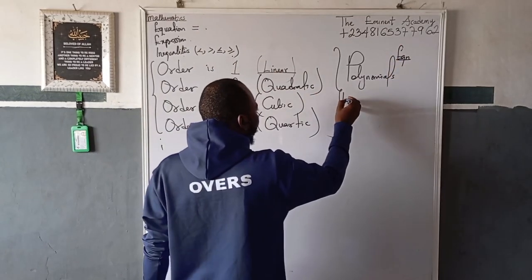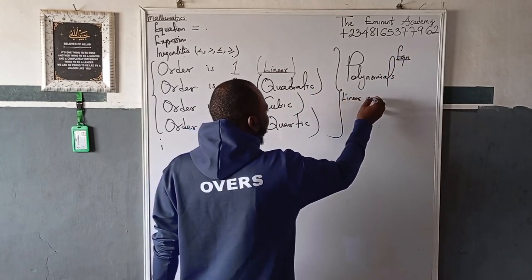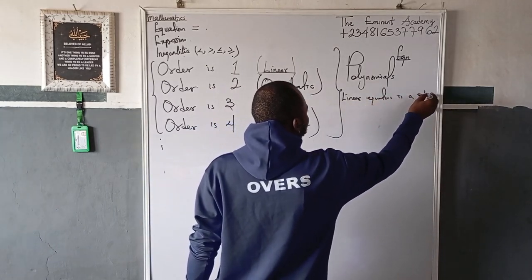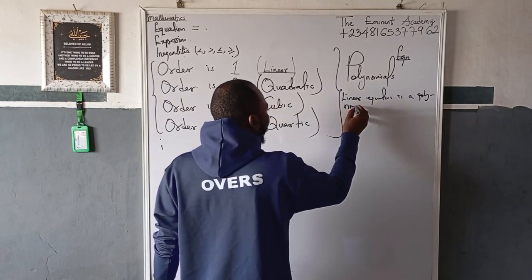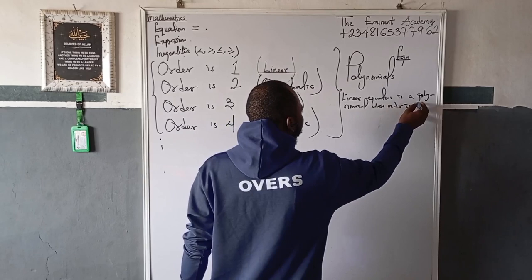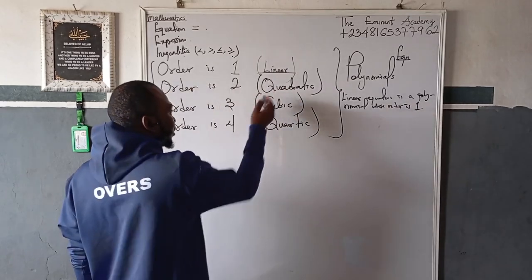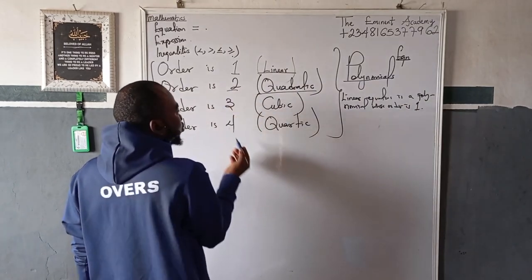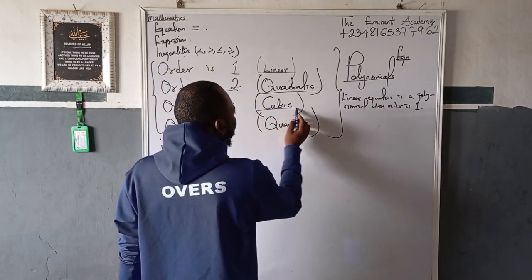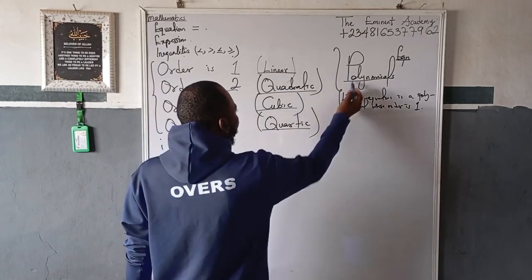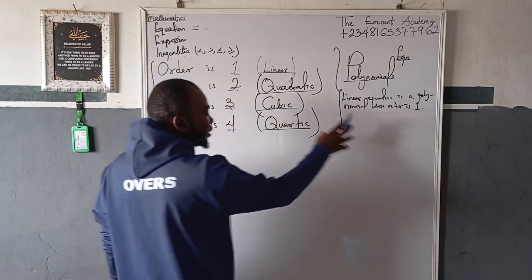So I can say a linear equation is a polynomial whose order is 1. A quadratic equation is a polynomial whose order is 2. A cubic equation is a polynomial whose order is 3. A quartic equation is a polynomial whose order is 4.